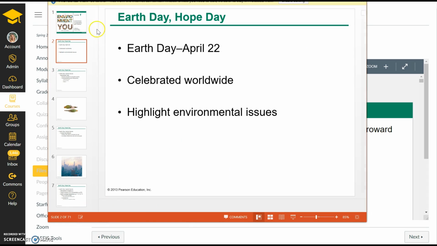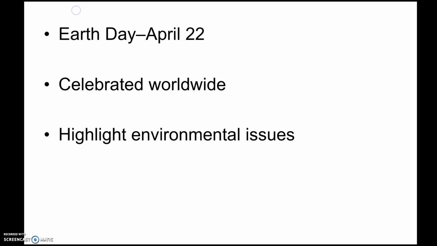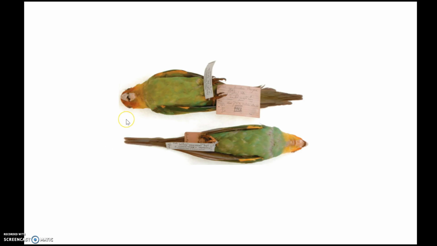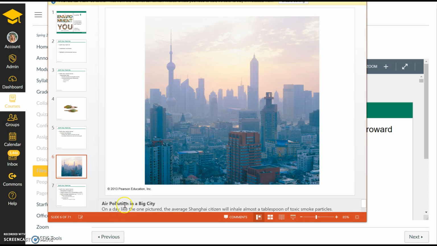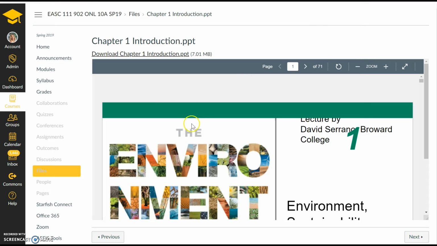If you go to slideshow, view show from beginning, current slide, you'll see that at the end of each slide there are actually notes for each slide. So if you don't have the textbook yet, that will be able to help you through the first quiz.